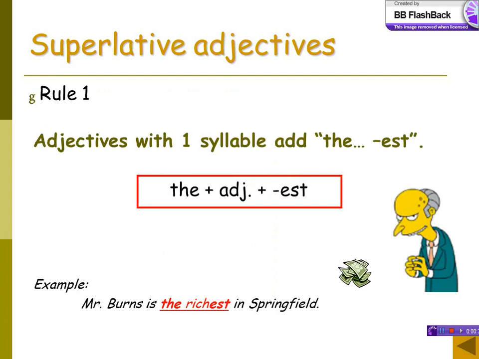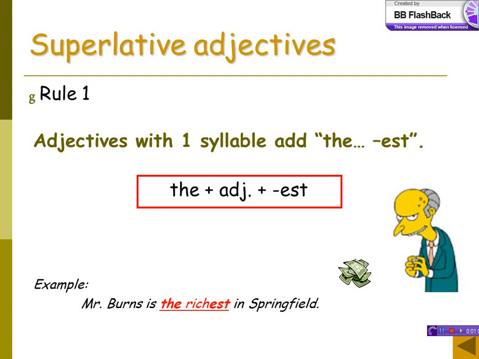It's related to the adjectives with one syllable, the short adjectives as we said before. The rule is to use the plus adjective plus est at the end of the adjective. Like the word rich. How can we use it in the superlative form? Let's see this example.